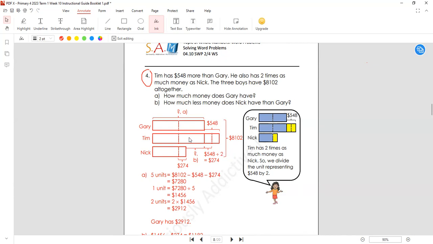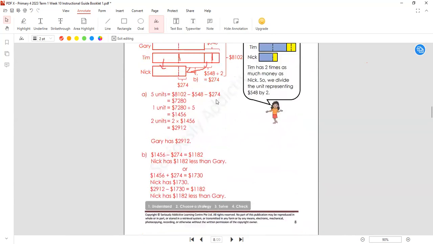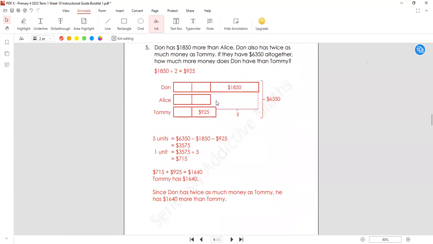This portion is easy because you can split it up into 1 unit, 1 unit. But this portion here, you got to divide by 2 as well. So therefore, 1 of this comes here to Nick, and 1 of this comes here. So you got to explain that way. This one may be a bit more challenging. Do take some time to explain to the students, and then once you get the model out, they should be able to answer the question.